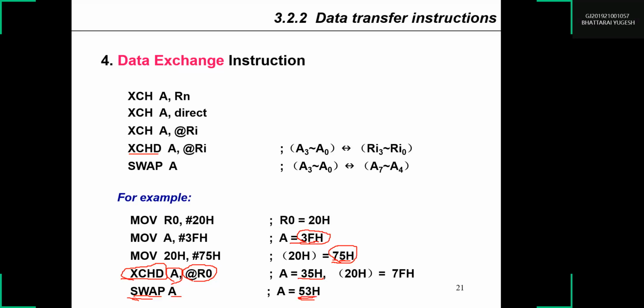Laoshi, can you say in which controller this data exchange is used in daily life?